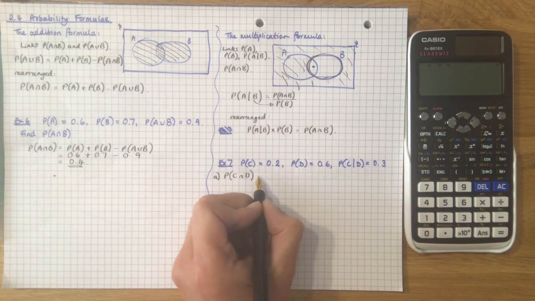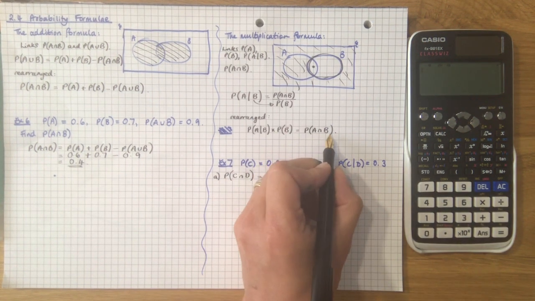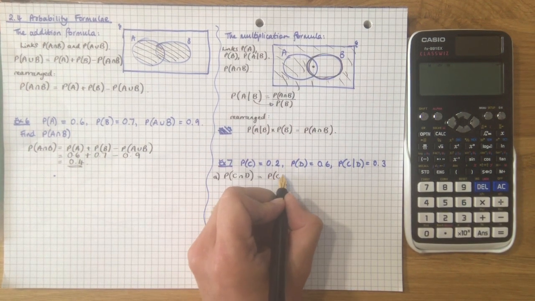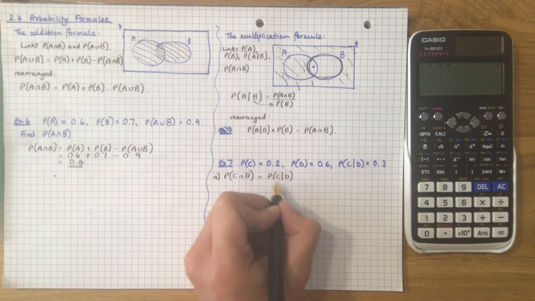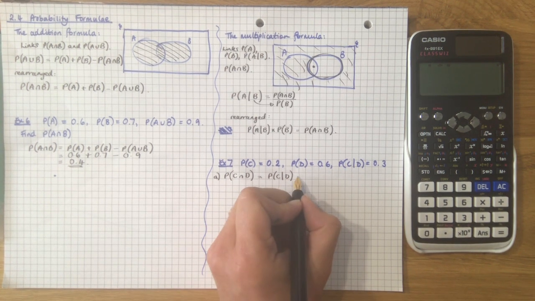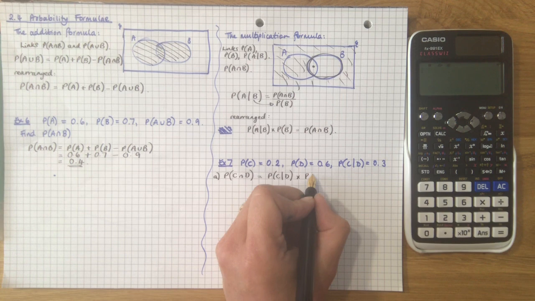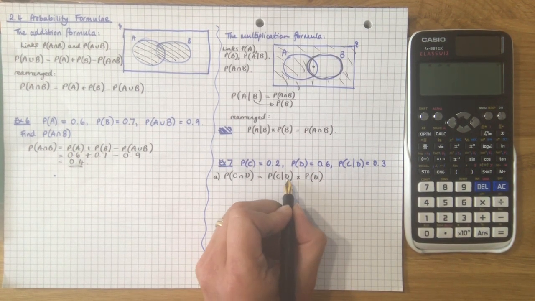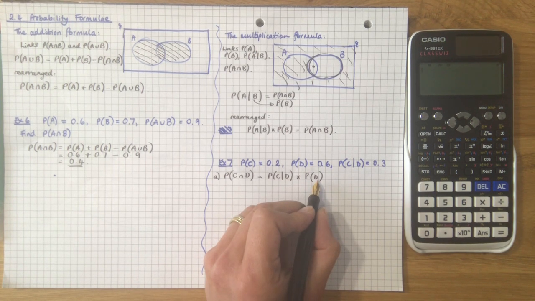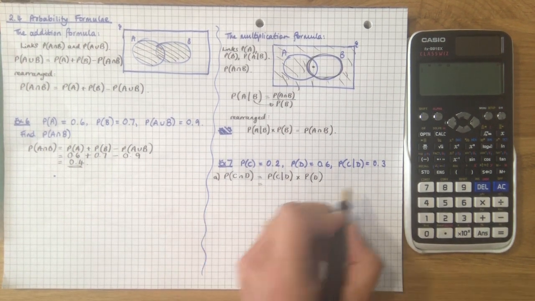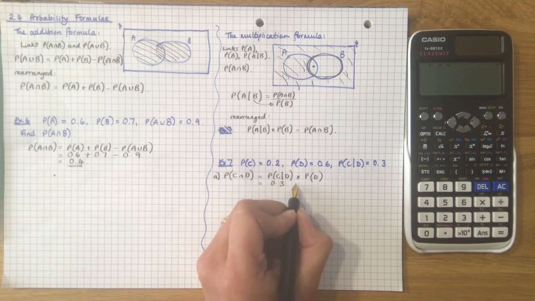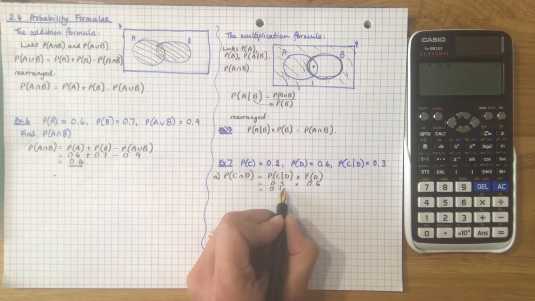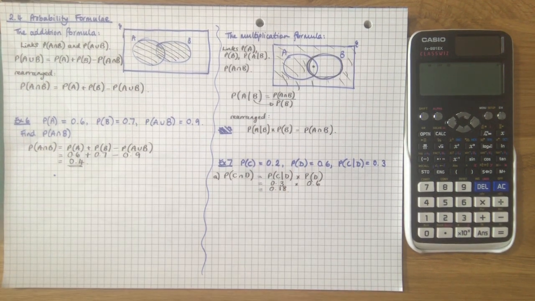Well, think about it in place of A and B: it would be the probability of C given D, and you have to make sure those are the correct way round, multiplied by the probability of D. Whichever is the second letter here is the one that you'll use there. So we have the probability of C given D as 0.3 and D is 0.6, so we've got 0.18 using our multiplication formula.